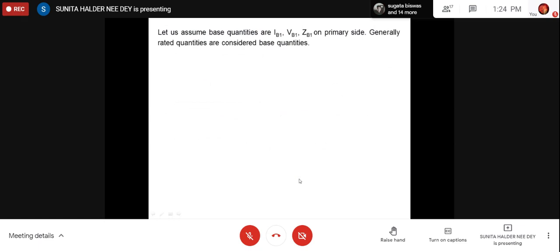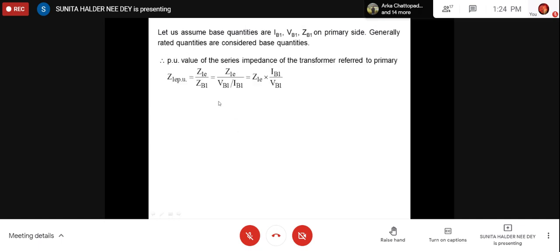Yes, ma'am. Then the base quantities on the primary side, say IB1, VB1 and ZB1, generally the rated quantities are the base quantities. If we want to calculate the per unit value of the series impedance of the transformer referred to primary, then we must divide it by the base impedance on the primary side. What is the base impedance on the primary side? Base voltage by base current on the primary side. IB1 may be converted in terms of SB1 and VB1 also, but that is not required here.